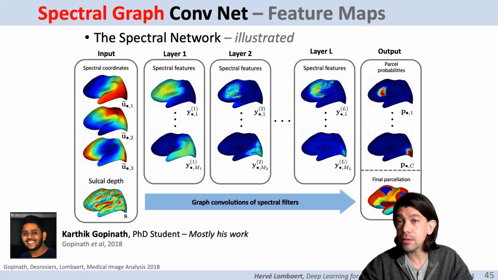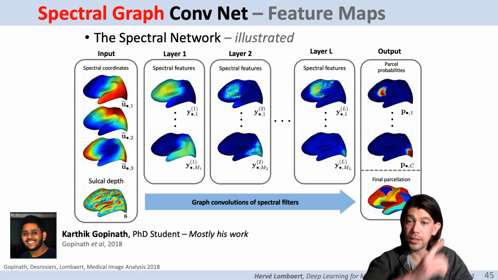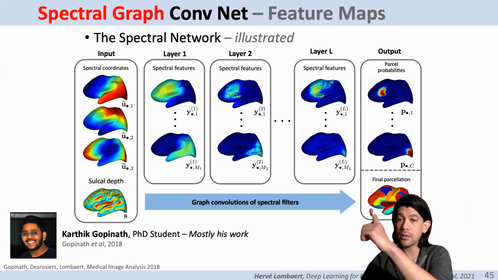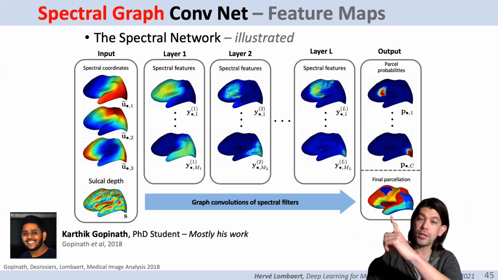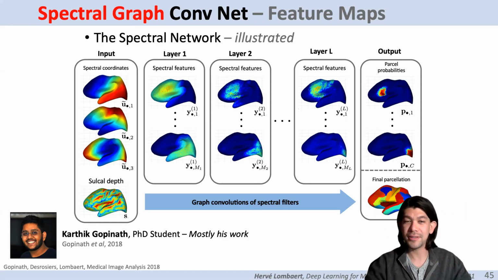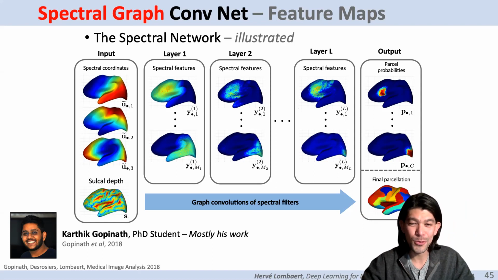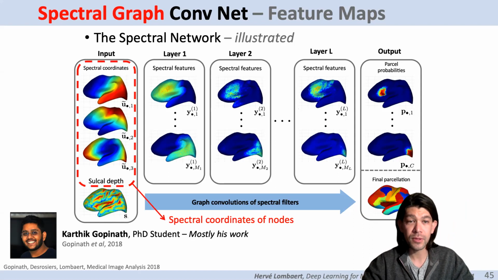In the very end, in that particular case, the output would be the probabilities of each parcel. We wanted to have the parcellations a bit like this. I feel like the weatherman who has to point on the blue screen. But again, you build the architecture you want. In that particular case, it was for a parcellation. So the major change, which makes a fundamental difference, is to operate on a spectral domain here.